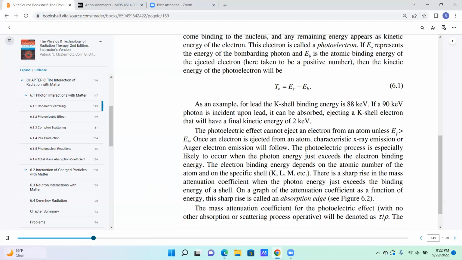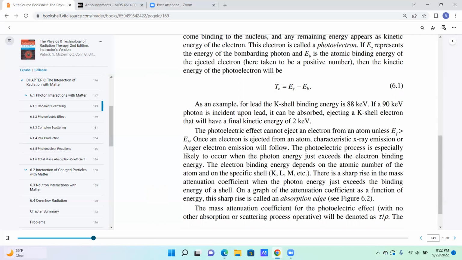So the photoelectric effect can't eject an electron from an atom, unless, of course, you can meet that energy threshold. Otherwise, it just won't work.